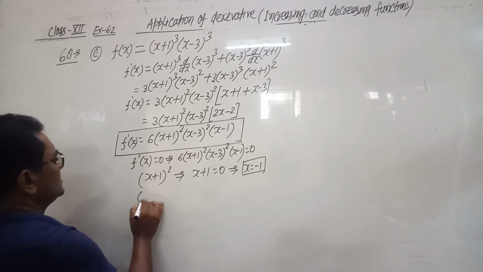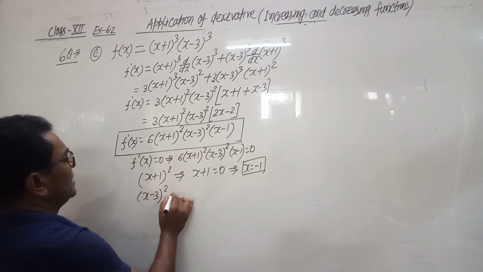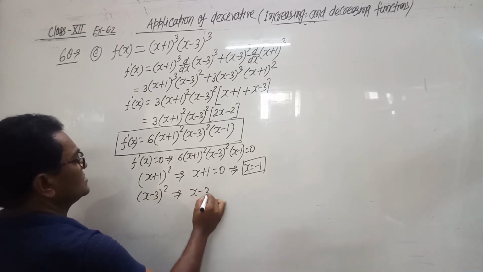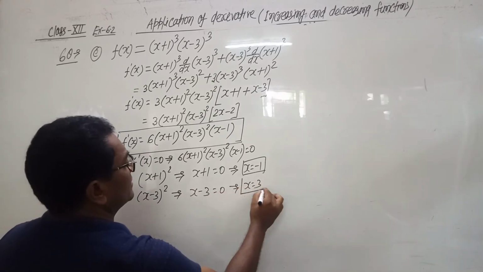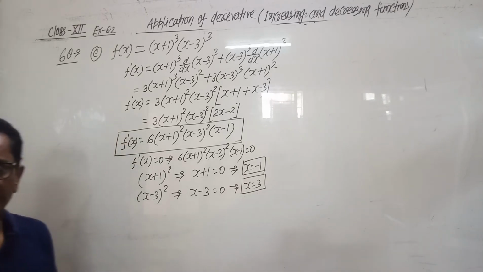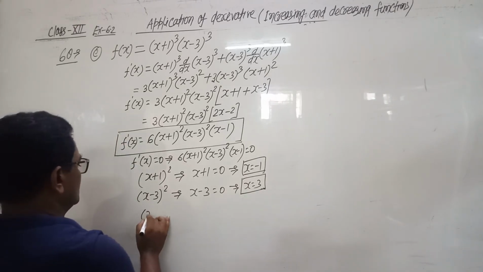Then x minus 3 the whole square, it means x minus 3 equals to 0, and we get x equals to 3. Then x minus 1 equals to 0.